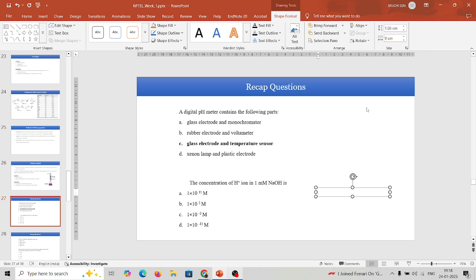So we have been given the concentration of NaOH, 10 to the power minus 3 molar, that is the hydroxide concentration.